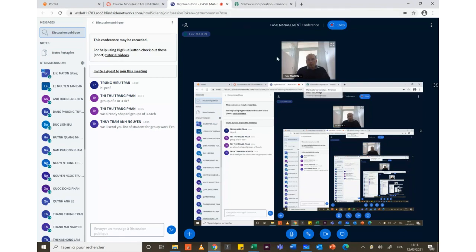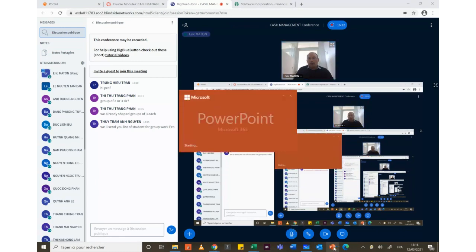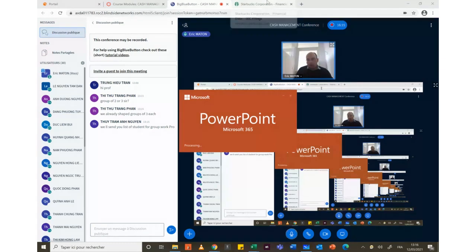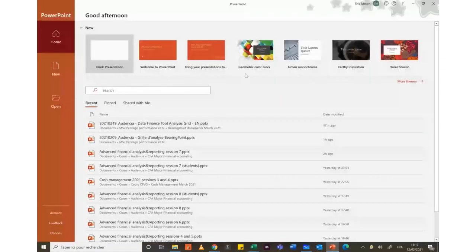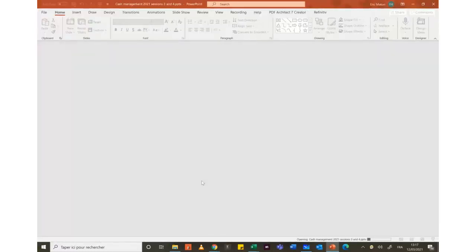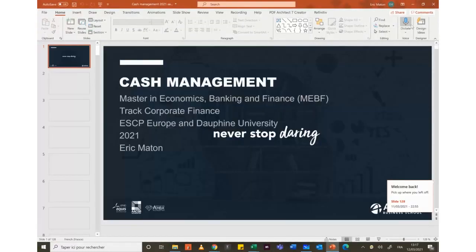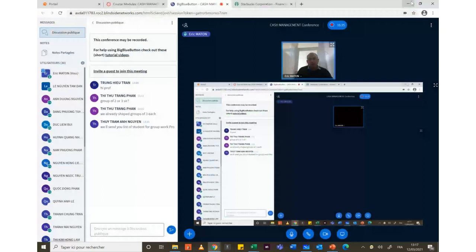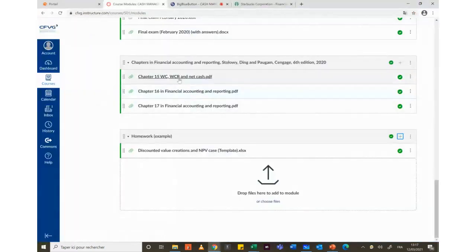Okay, so today we continue with the slides, and today we will see how to manage the working capital. And I forgot, you asked for an example of working capital and net cash.